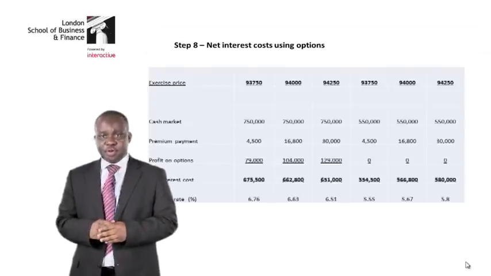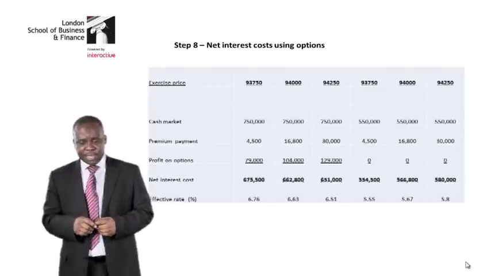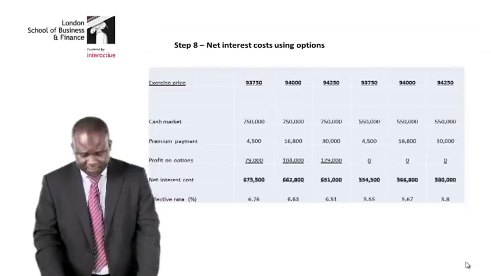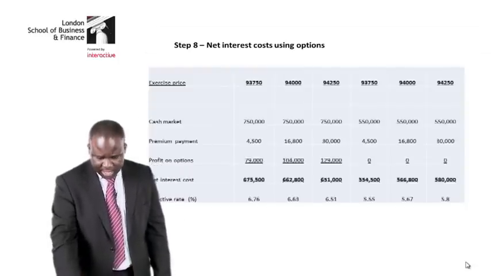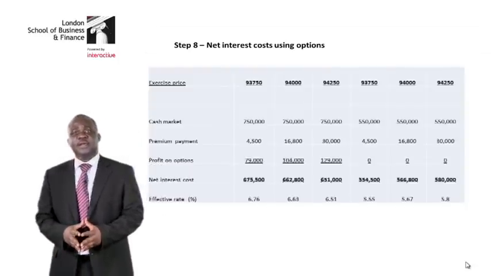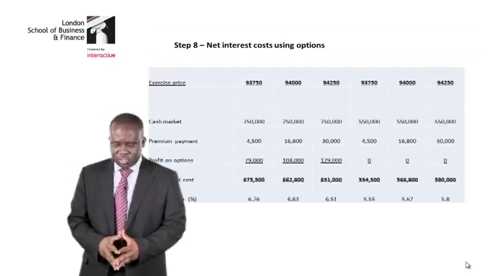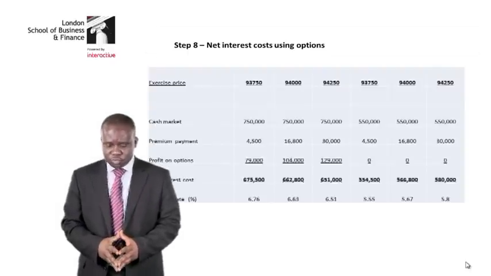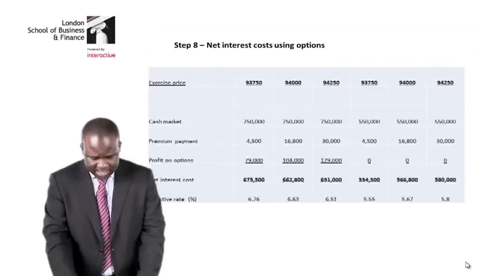Then you calculate the premium, because options demand you pay the premium in order to have the right. Then you calculate the profit or loss. If it's a loss, you wouldn't exercise, and therefore you don't have to bother yourself with it, and you calculate the net outcome.